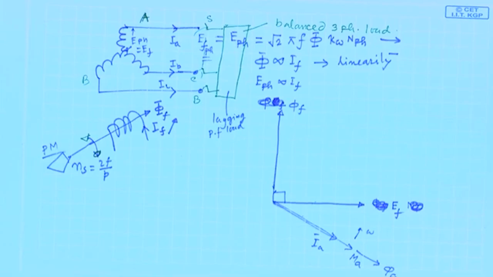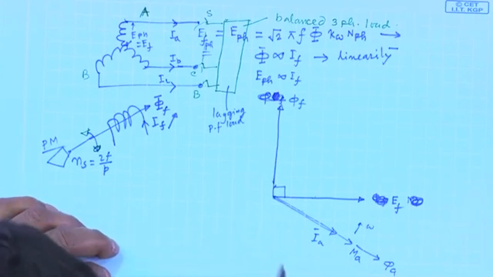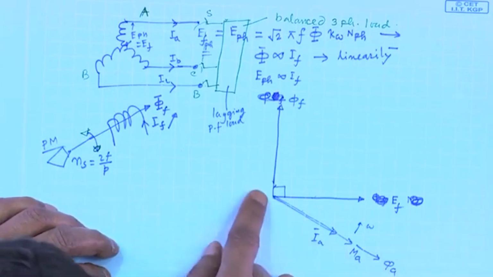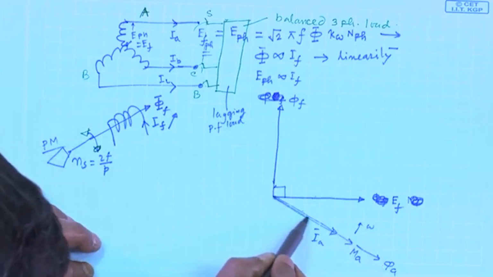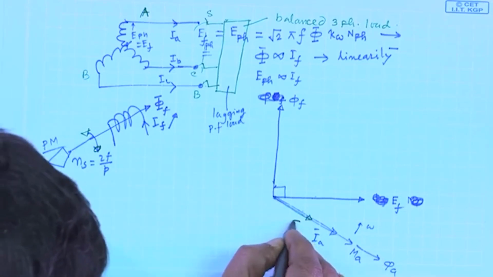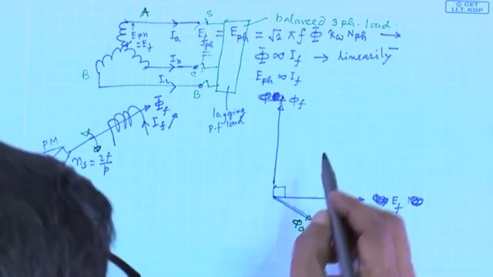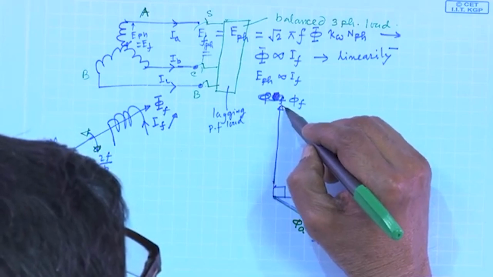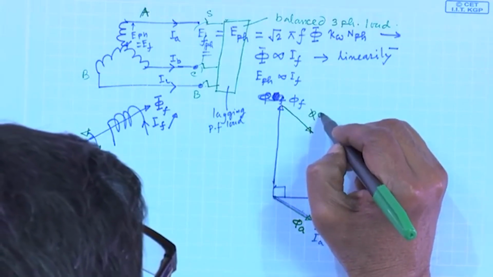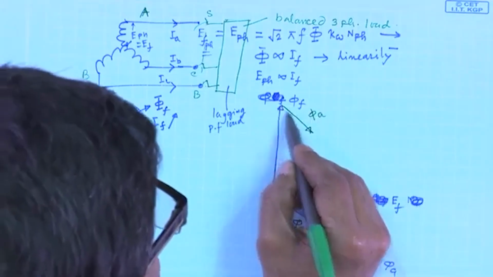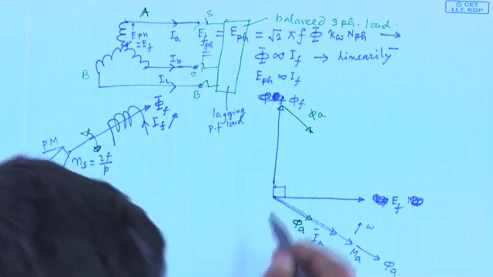Okay. Then your resultant field should be, this is phi A, along this line there will be phi A. I am drawing it here once again. Therefore, phi F plus phi A, phi F plus phi A, this is parallel to this.